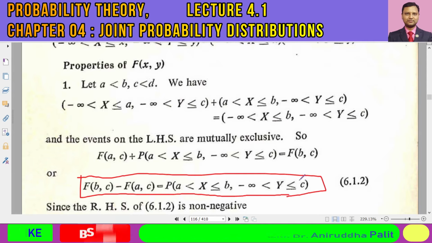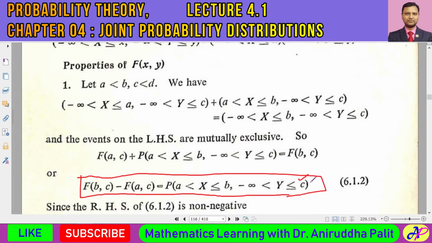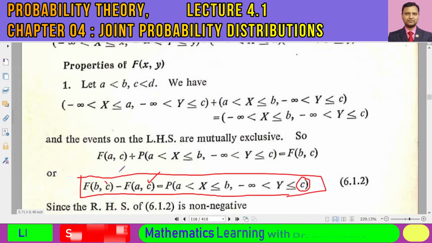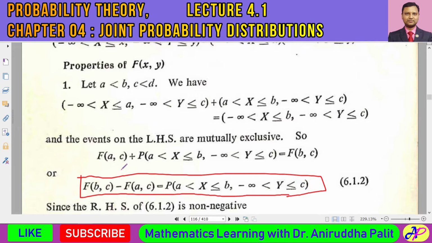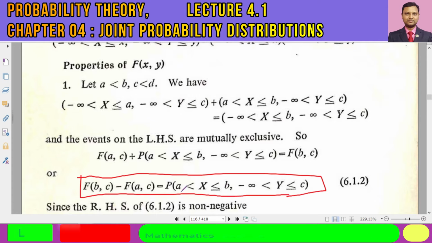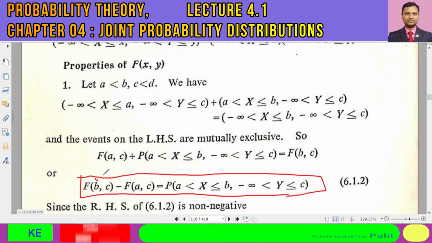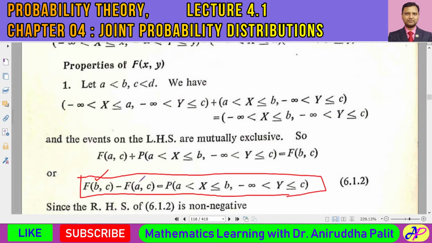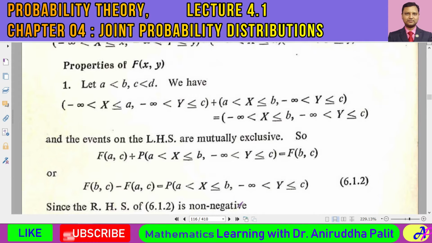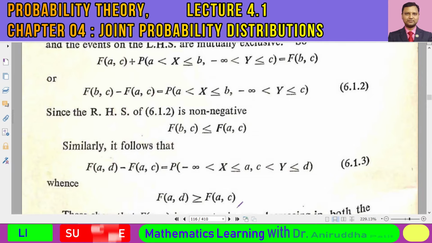The only restriction is on C. In place of Y, the upper bound is C. That's why in the Y coordinate we have C and C over here, and in the X coordinate A less than B. So this is f of B comma C minus f of A comma C. In this way you can remember this kind of formula.